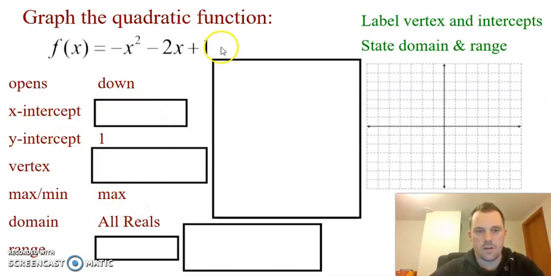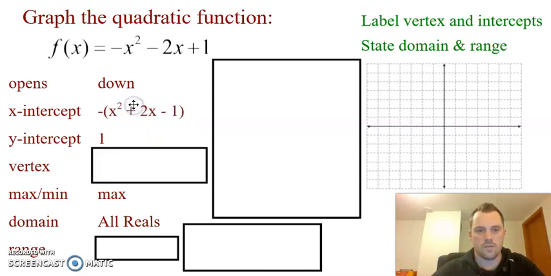Well, my x-intercept here, I can't just plug 0 in and solve for x because I have an x squared term and an x term. I want to see if I can factor it. Well, I don't like this negative here, so I could factor a -1 out front and see what's left.